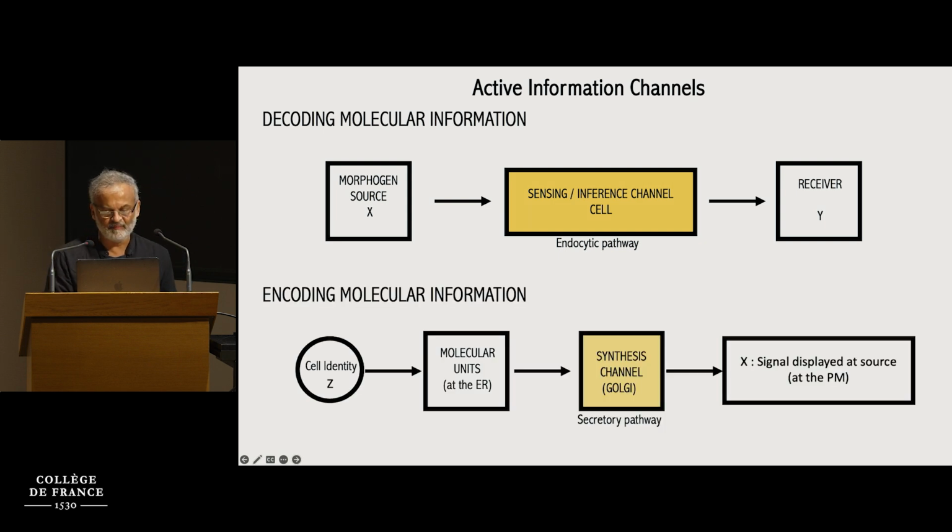In the decoding problem, this involves the active information channel that is shown here, which involves the secretory pathway rather than the endocytic pathway that I was pointing out here. And again, one can ask, in order to generate a complex distribution of glycans, what are the constraints on this channel?